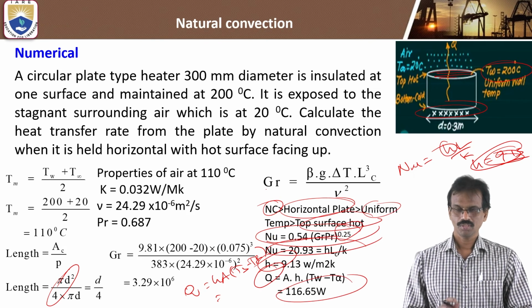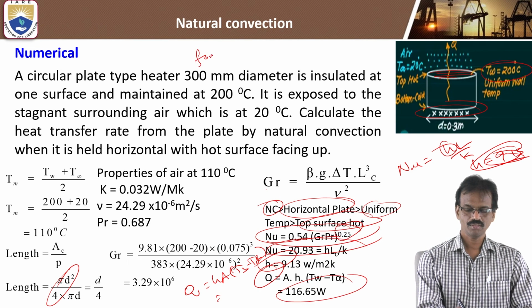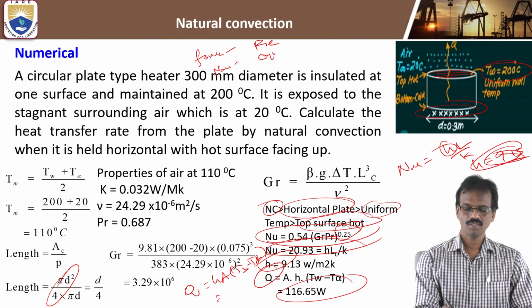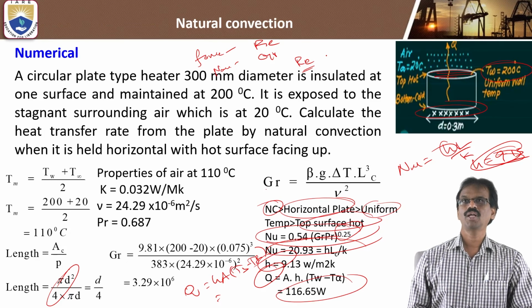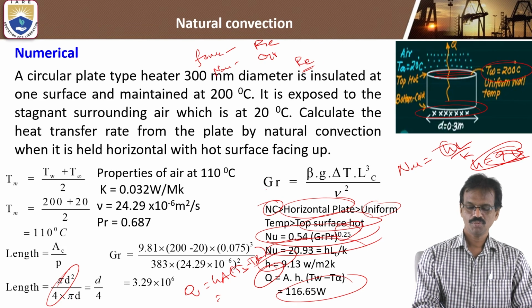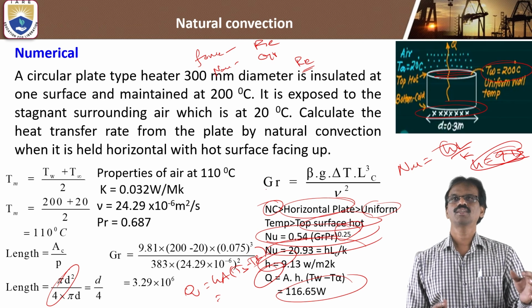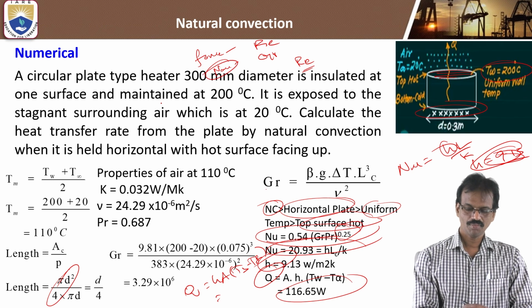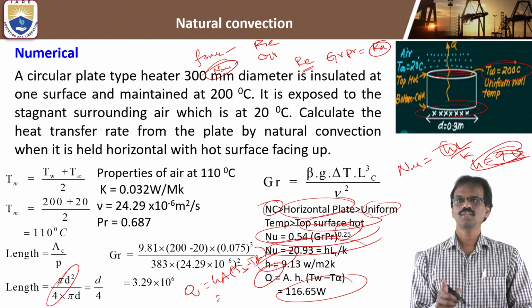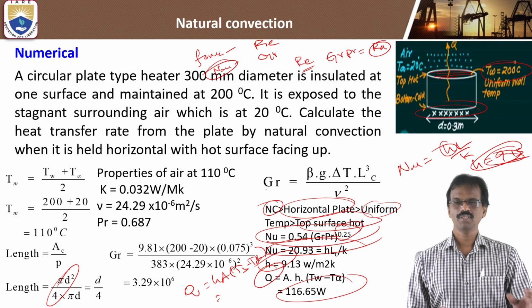So in forced convection the Reynolds number is important, and in natural convection the Grashof number is important. In natural convection, the product of Gr and Pr is the Rayleigh number, so based upon the value of the Rayleigh number, you can identify the type of flow.